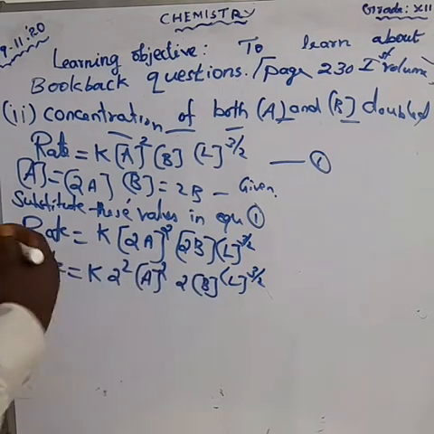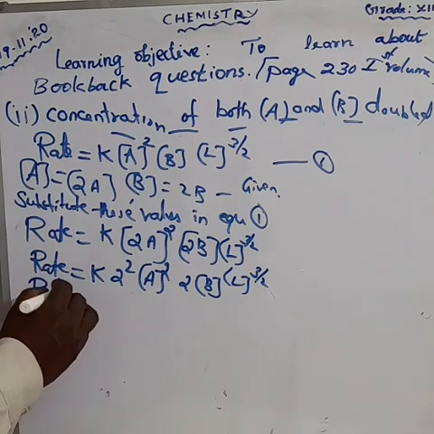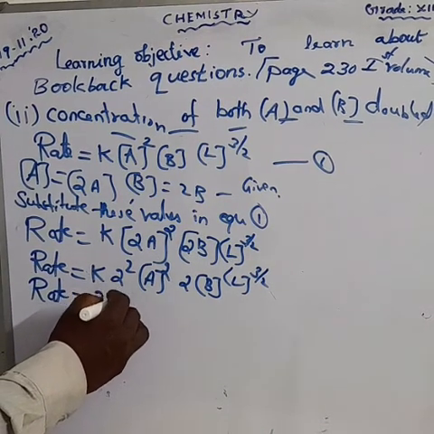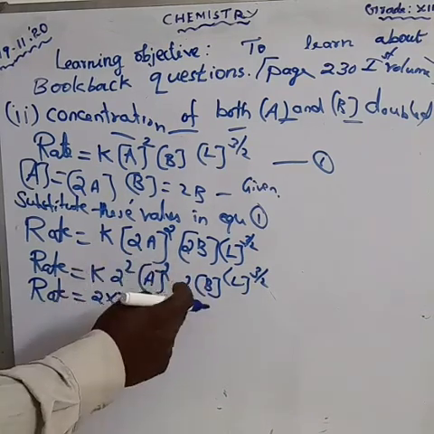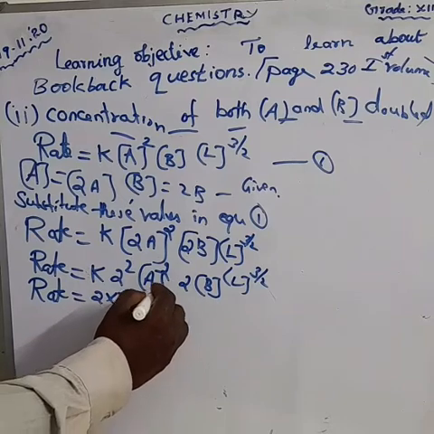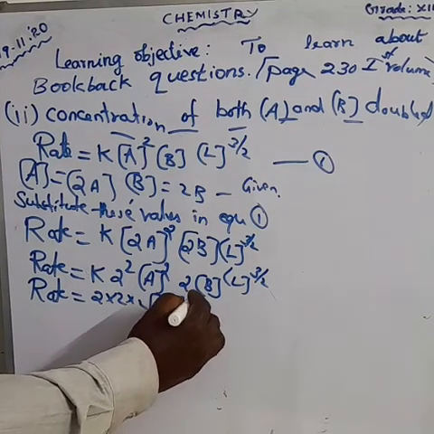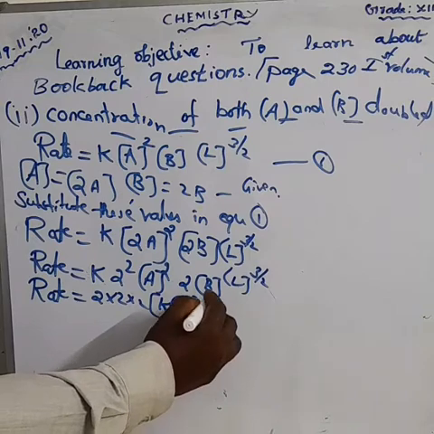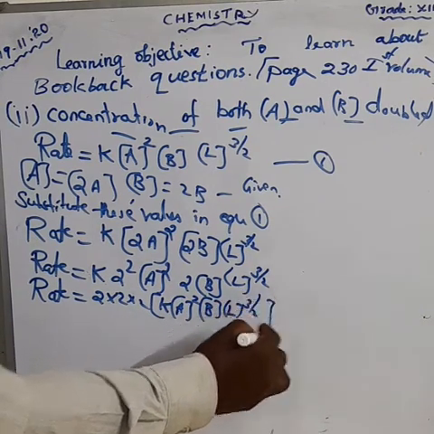These 2's I am taking outside. Rate is equal to 2 into 2. Total all 2's we are taking, 2 square 2. Okay. 2 into 2, K A square B L 3 by 2.